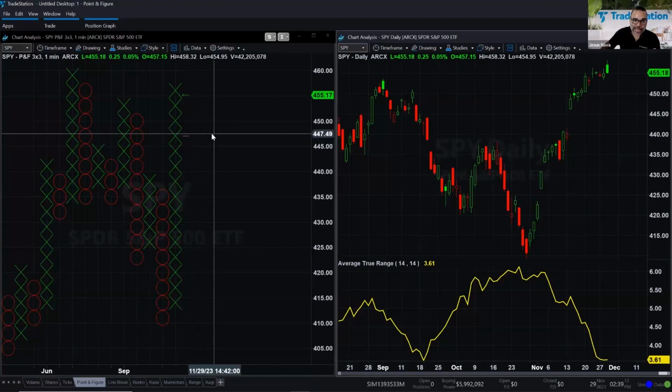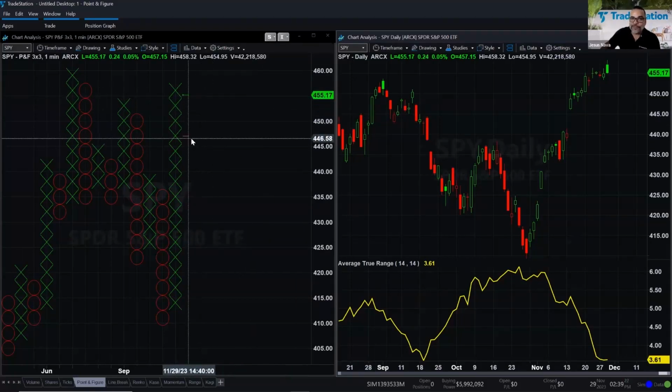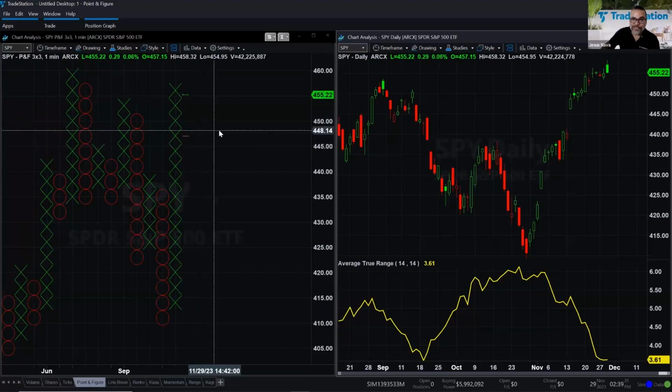Of course, you can draw a line just to have a more visual of where that is. But if the current price, which is 455.20, touches that reversal, that is the point at which my point and figure is going to switch from this column of X's to a column of O's, because now it has met that reversal amount of 9 points, and then it switches.